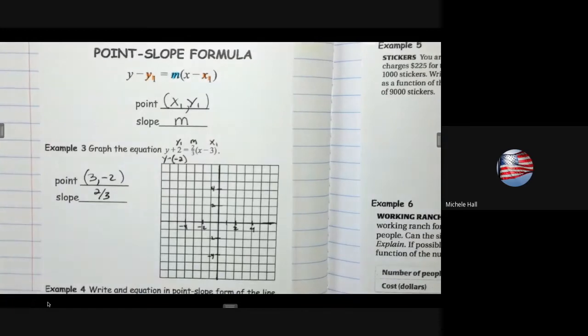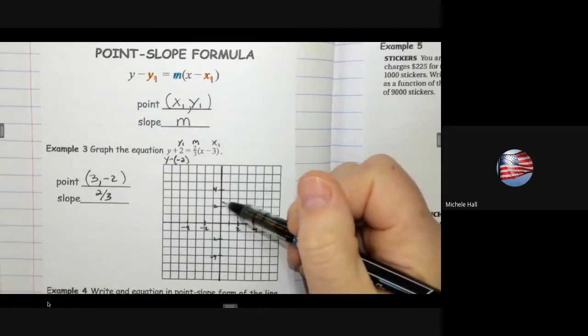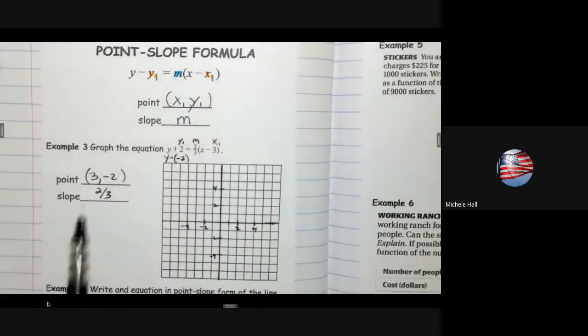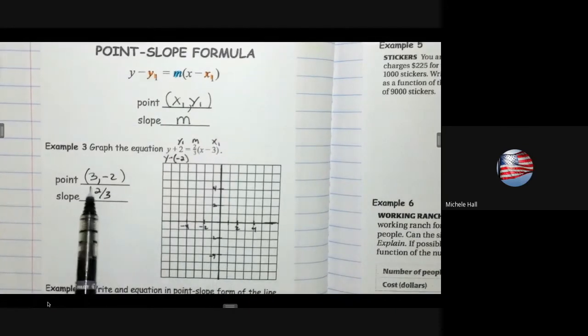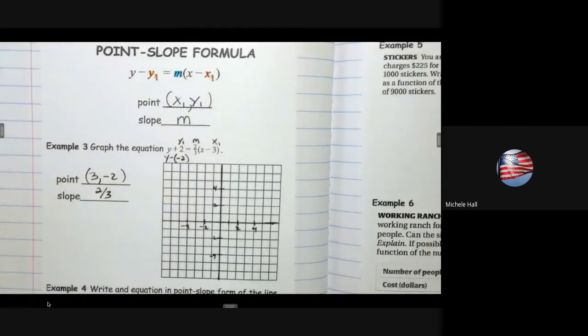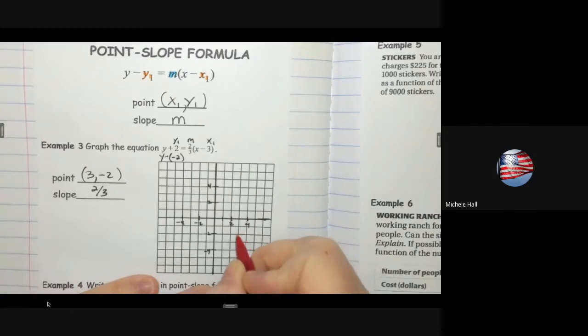Now we can graph. We just need a point to start from. Here we don't have the y-intercept. We always had the y-intercept. We would start on the y-intercept and then we would rise and run. This time we have a point that's going to be in the quadrants. So we're going to go to 3, negative 2. X is 3 and y is negative 2.